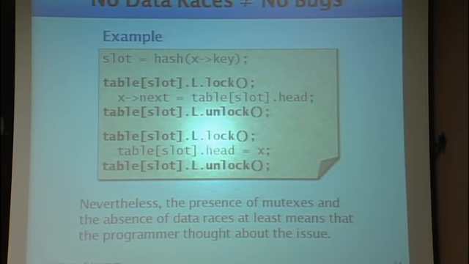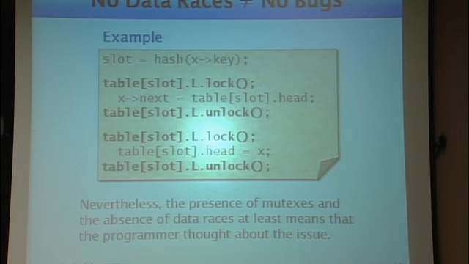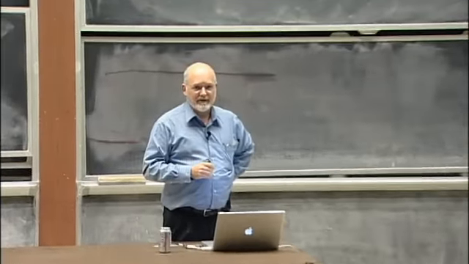And so most of the time, as a practical matter, if you don't have data races, it probably means you did the right thing in terms of identifying the critical sections that needed to be locked and not unlocking things in the middle of them. And so as a practical matter, no data races usually means it's unlikely you have bugs. But no guarantees. As I say, dangerous programming.